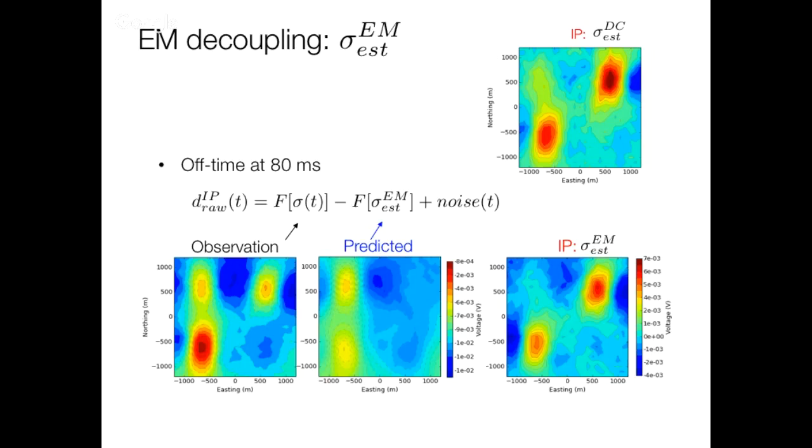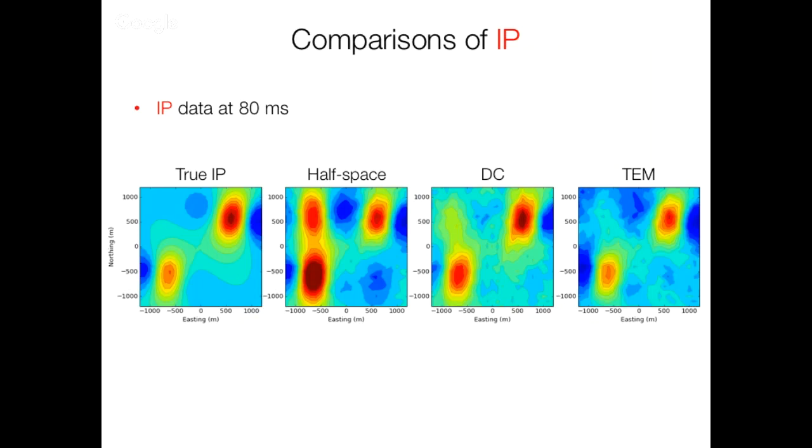In DC you have one, but here you have multiple time channels. An important part that I didn't mention is that there's no depth weighting. With a gradient array and multiple time channels, you don't need depth weighting. In DC resistivity with just that gradient array, it's like a potential field, so you needed the depth weighting. So that's a potential advantage here.